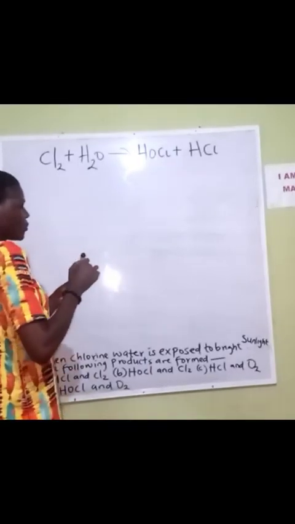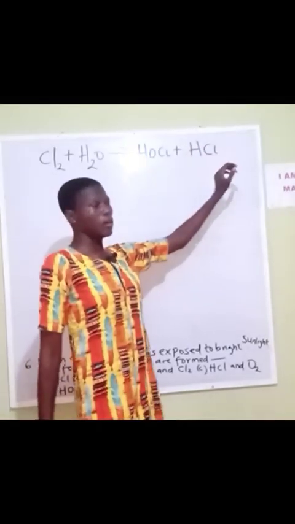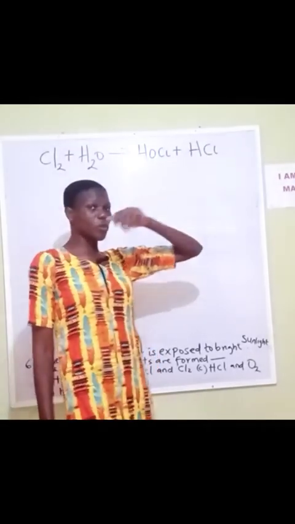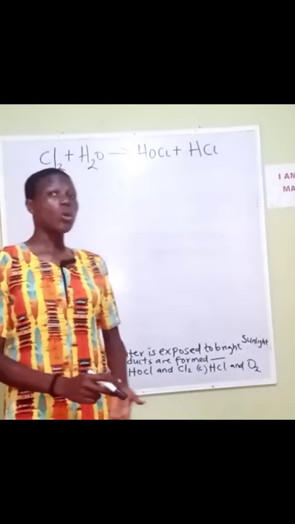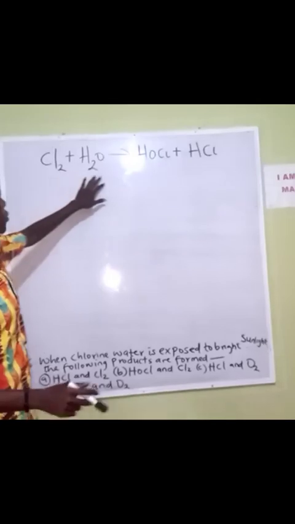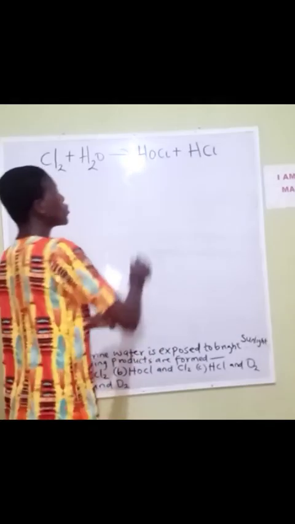Now if you check too well, I was being careful, okay? The first letter is a capital letter, the other one is a small letter, for those that have 2 letters in their chemical symbol. So when chlorine reacts with water, it's going to give us HOCl and what? HCl. Now what's HOCl?